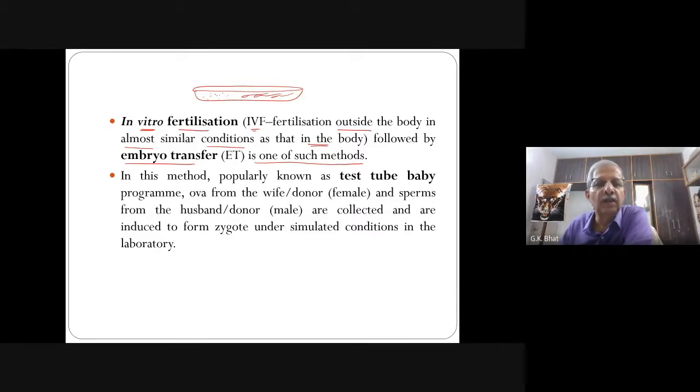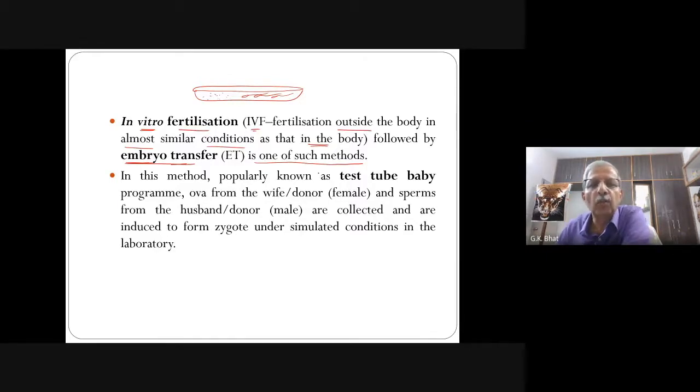After that, this zygote, or embryo, is transferred into the female reproductive system. Of course, the wife's ova and her husband's sperm are made to get fertilized, because the problem is with regard to fertilization. For that purpose, after the egg gets fertilized, the zygote in different stages of embryo development can be introduced into the oviduct or the uterus.